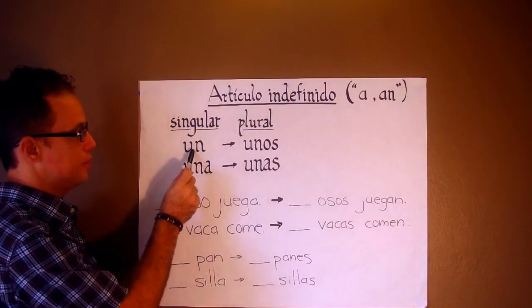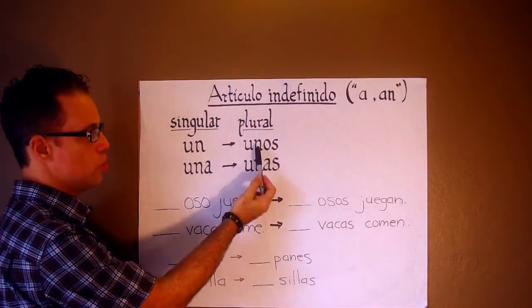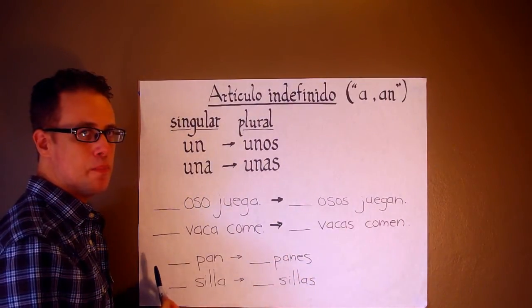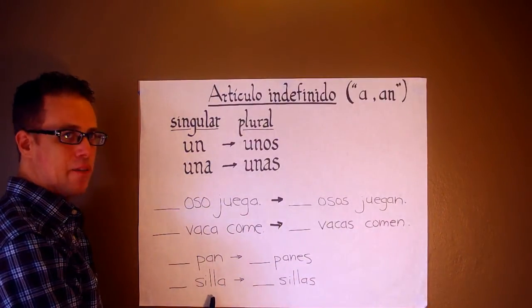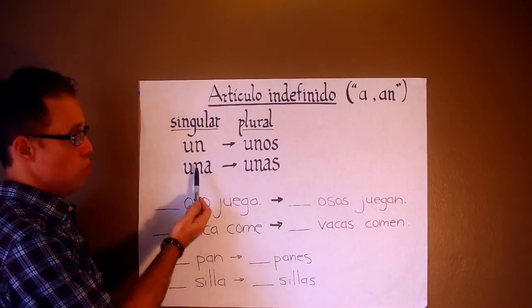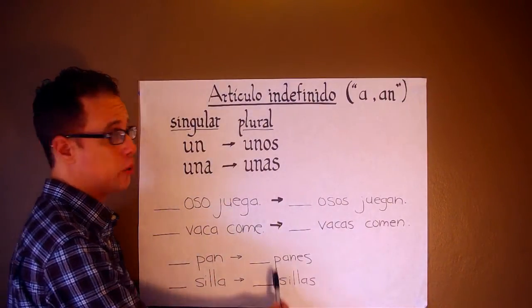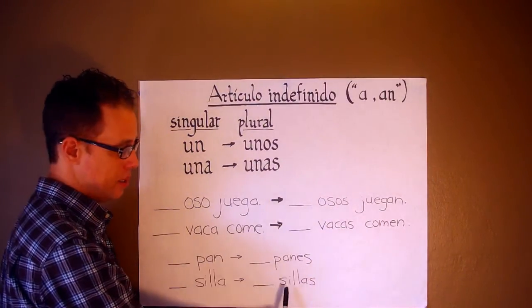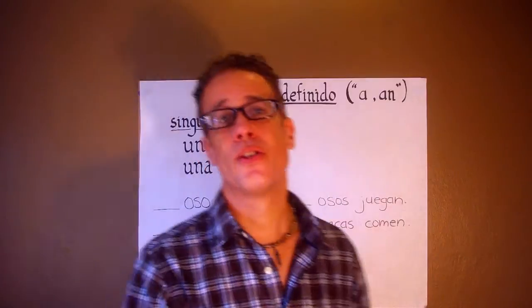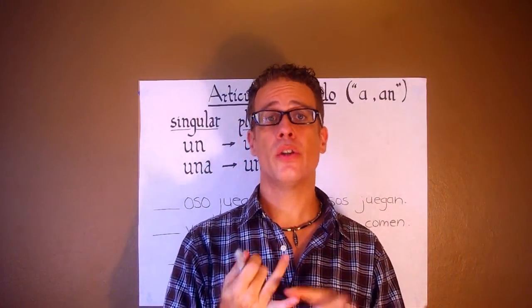In the plural, unos panes. Some breads or some loaves of bread. Silla, feminine singular noun. Una silla, a chair. Now in the plural, unas sillas. Some chairs.